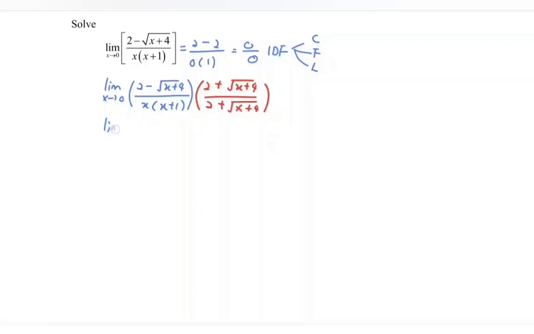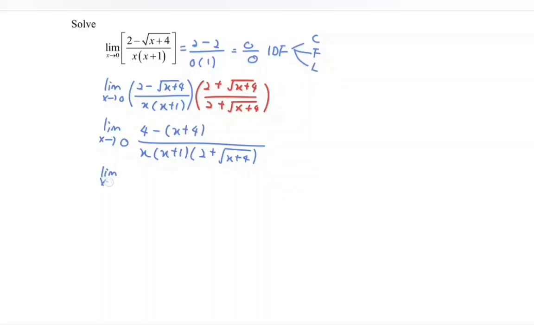So limit as x approaches 0. Here we have 2 squared minus (the square root of x plus 4) squared, so we have x plus 4 over x multiplied by (x plus 1) multiplied by (2 plus the square root of x plus 4). So kindly simplify the situation.